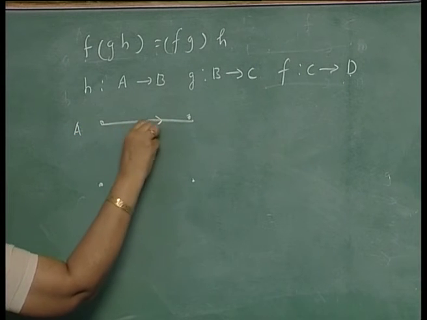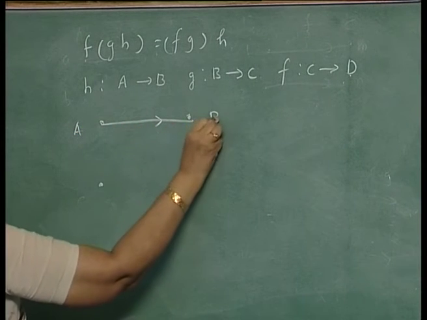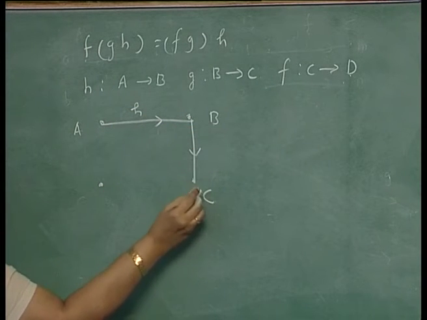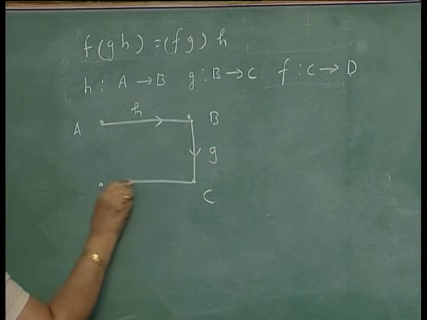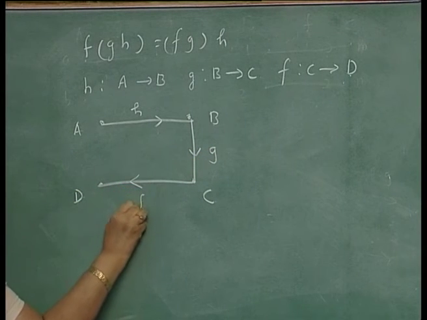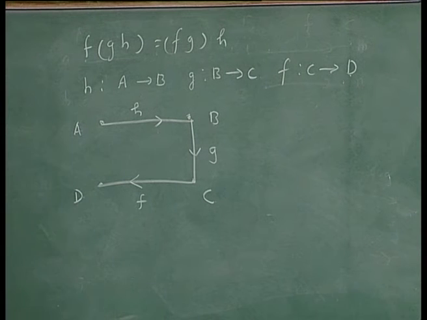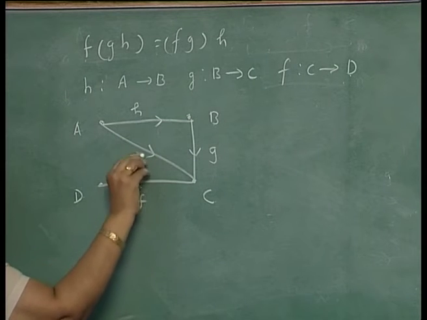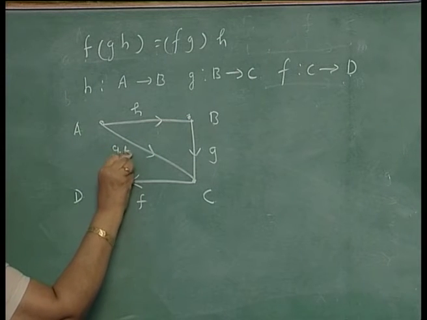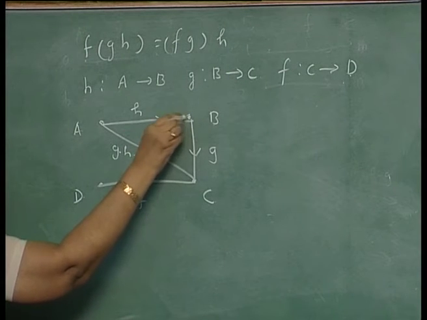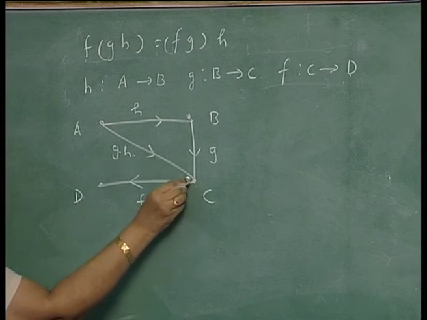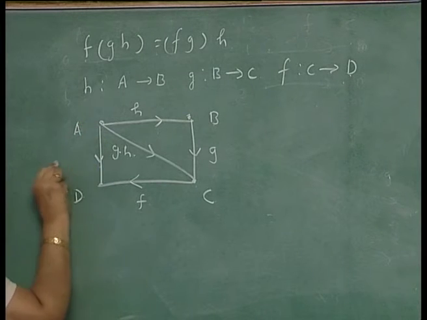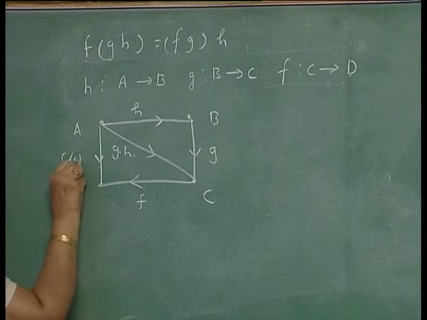From A to B, you have h. From B to C, you have g, and from C to D, you have f. Now, how do you denote this? This denotes g∘h, and this denotes f. So, this will be denoted by f∘(g∘h).